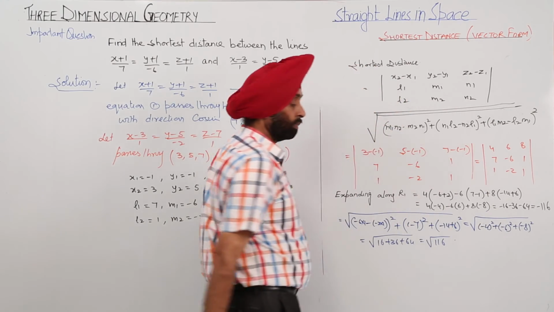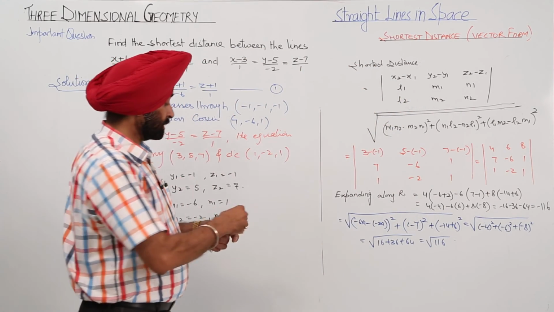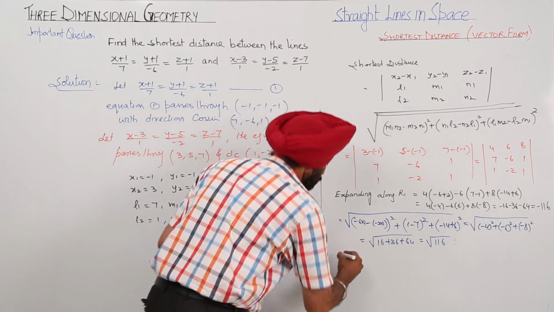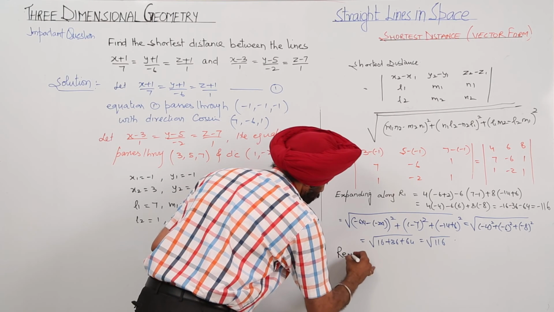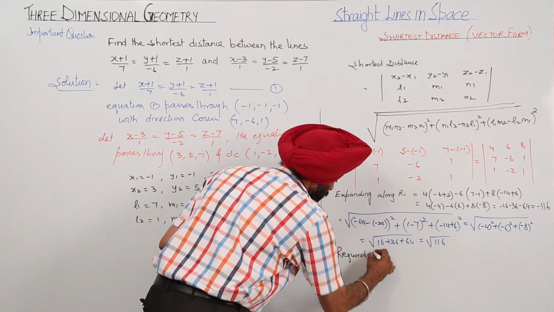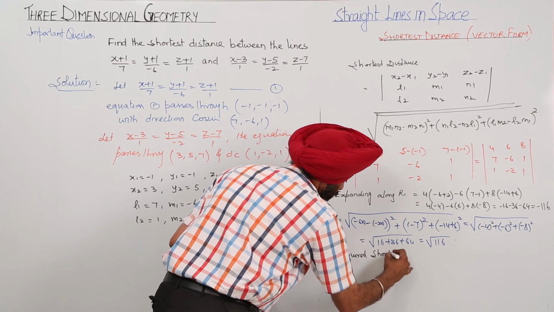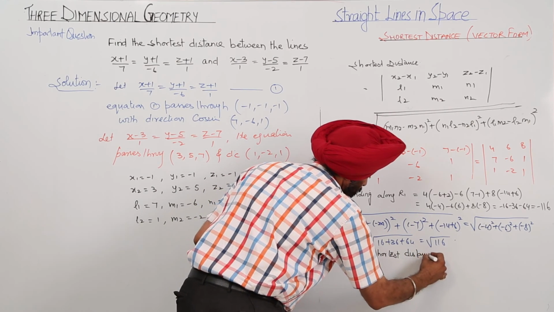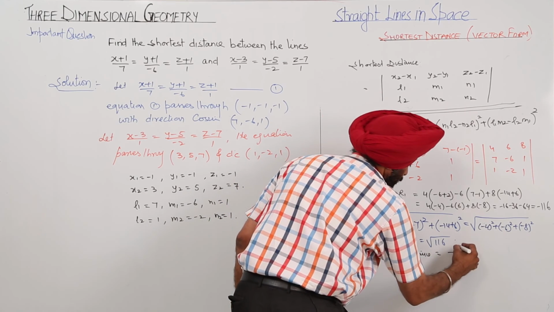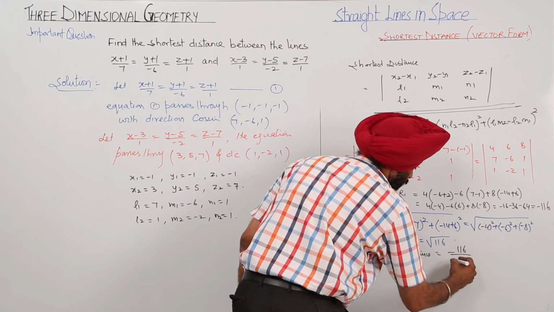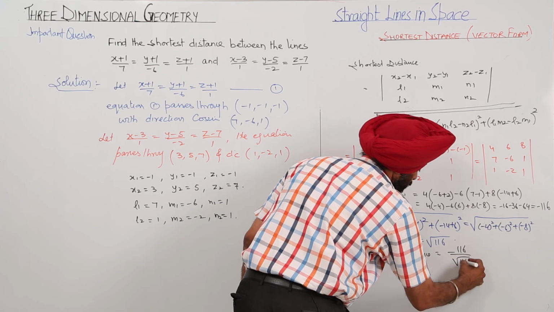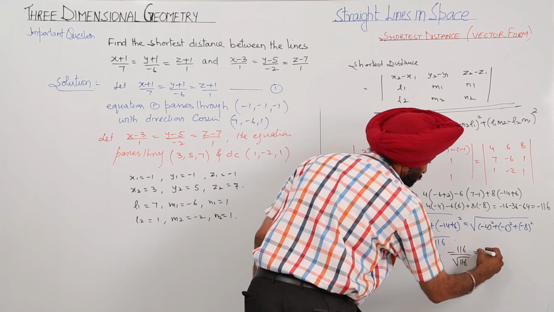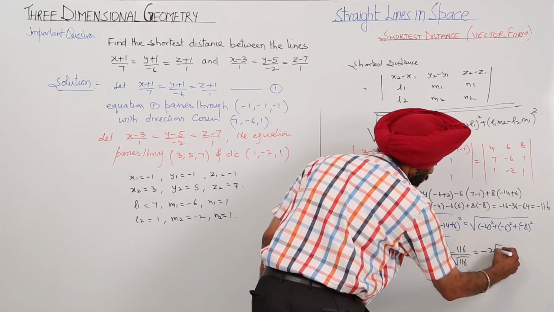Now the required shortest distance is equal to -116 upon square root of 116, which is equal to -2 root 29.